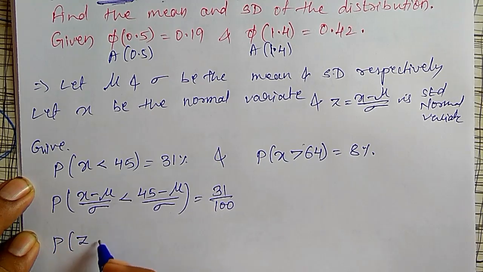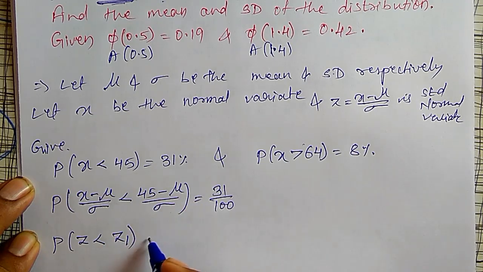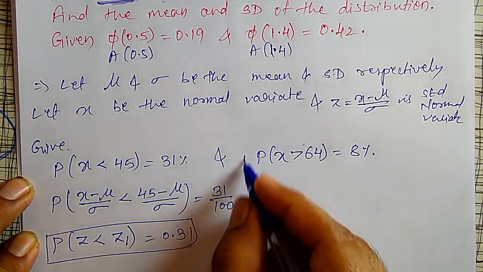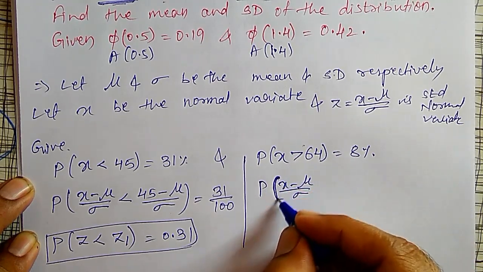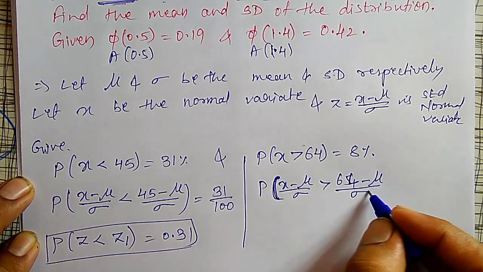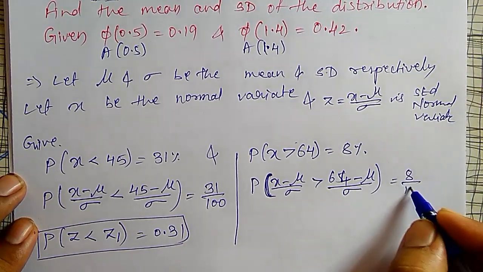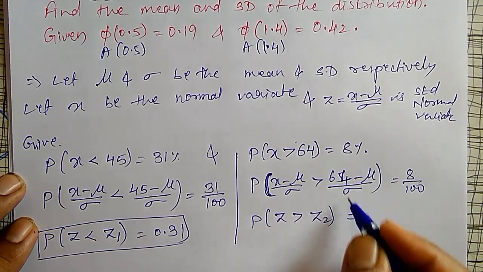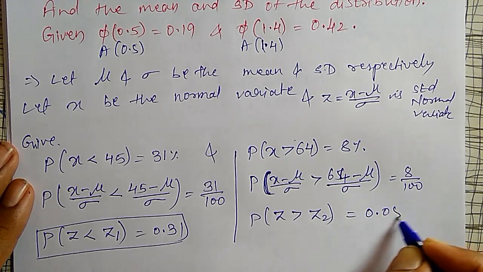Therefore, the probability of z less than z1, where I choose z1 equal to (45 minus mu) divided by sigma, equals 0.31. Similarly, the probability of (x minus mu) divided by sigma greater than (64 minus mu) divided by sigma equals 8 divided by 100, that is the probability of z greater than z2, where z2 is (64 minus mu) divided by sigma, equals 0.08.